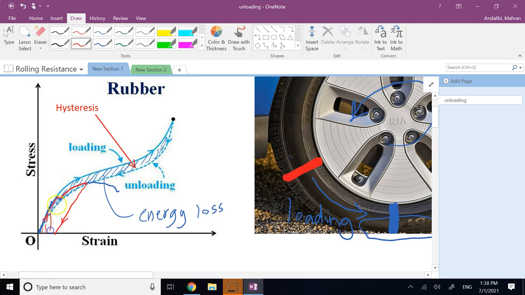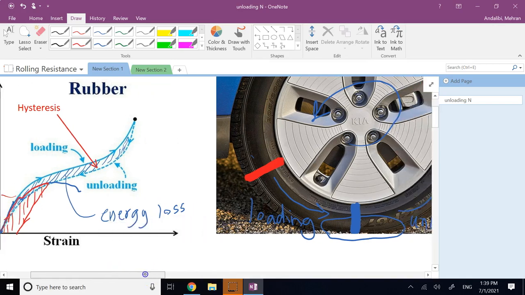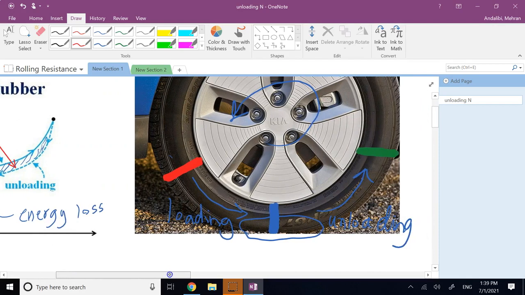And so you will have here permanent deformation and loss in energy. We call it the strain energy. So you can justify. But for most applications, you only operate in the linear region. You go loading and unloading on the same curve. There is no loss in energy due to that.